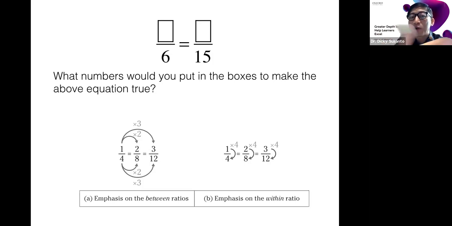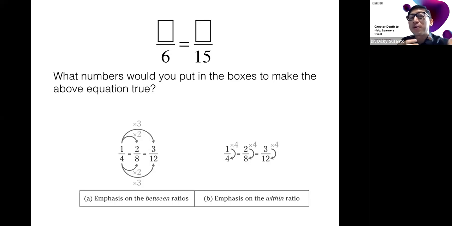Here is a problem where you have to put in the two boxes what number makes the equation true. A lot of your students will start thinking, I can't find any whole numbers that you can multiply 6 by to get 15. So probably only a few students who really have understood it will be able to do that.